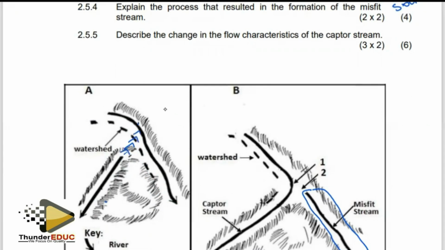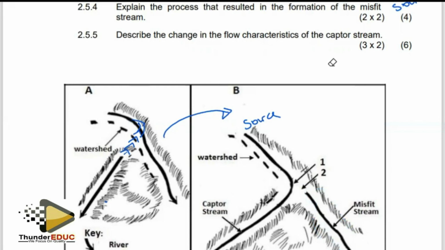It was able now to intercept this stream and eventually steal its source. That's why here, after capturing, you can see that now this stream no longer has its source. It has been diverted, or it has been stolen, which means the misfit no longer has any water supply. That is how we could explain the formation of a misfit stream.